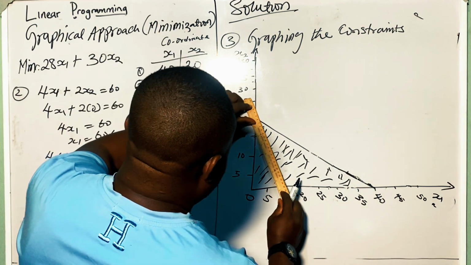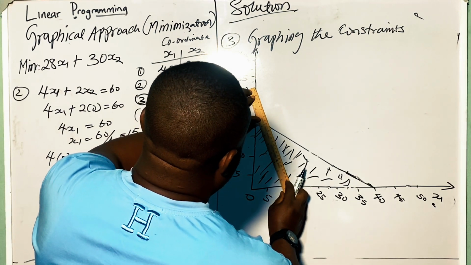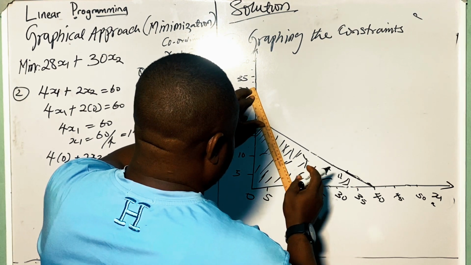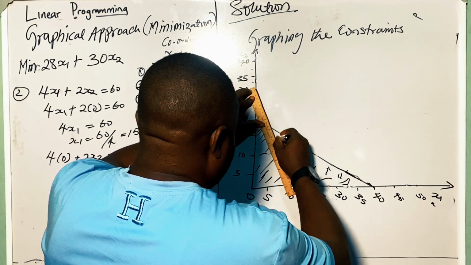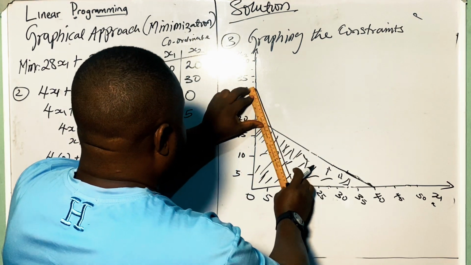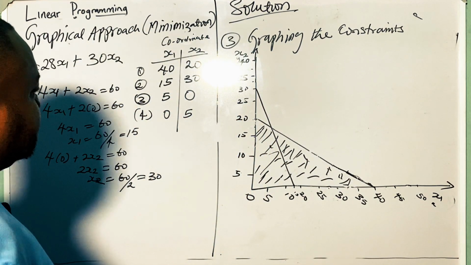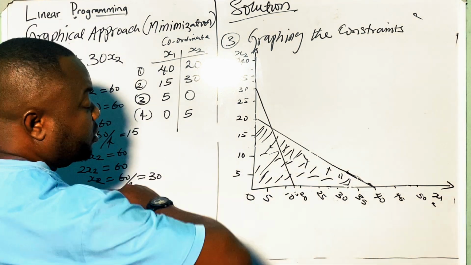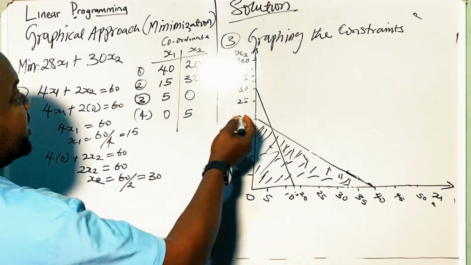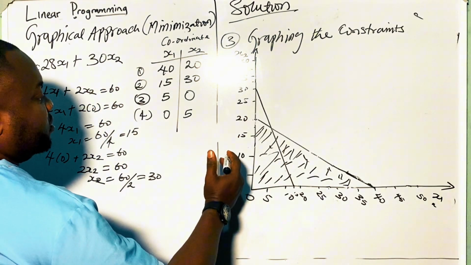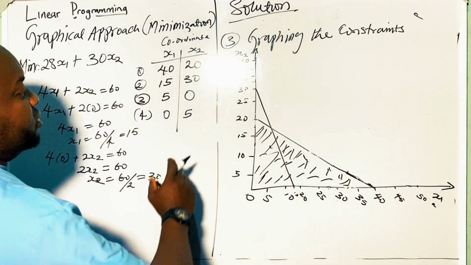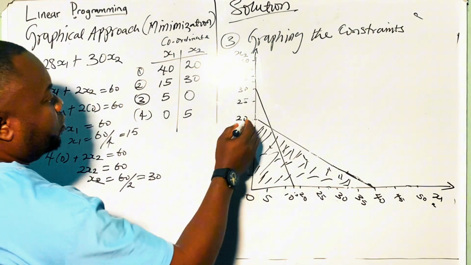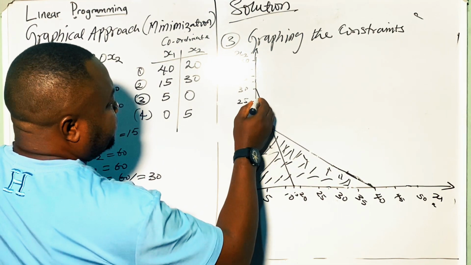We're going to link up 30 with 15, which is this. And it is also of greater than or equal to type, which means anything below the line, we do not want. It is the values above the line that we are searching for. So we are going to shade off these parts.